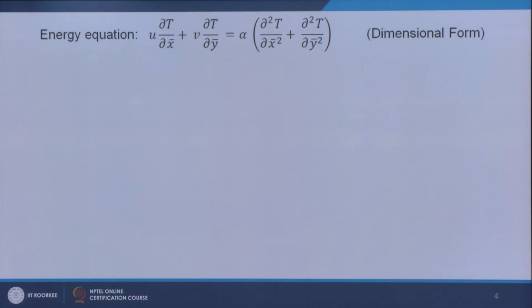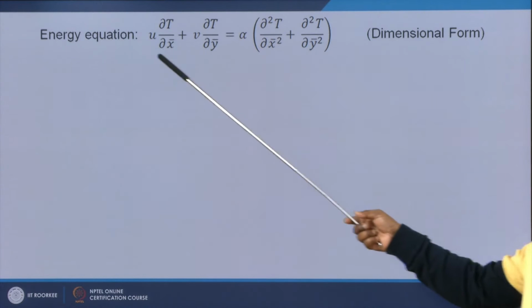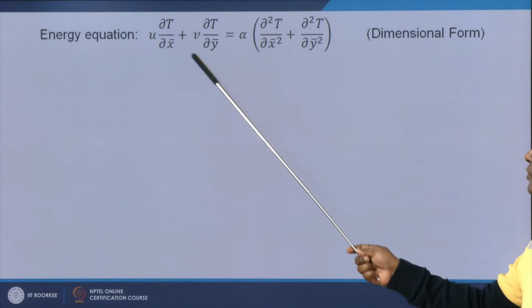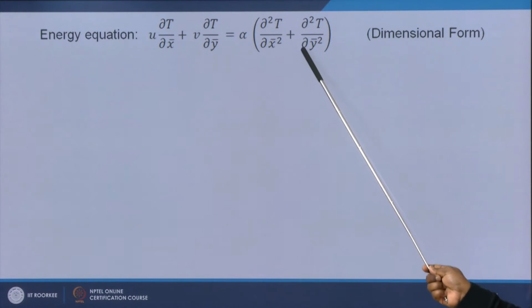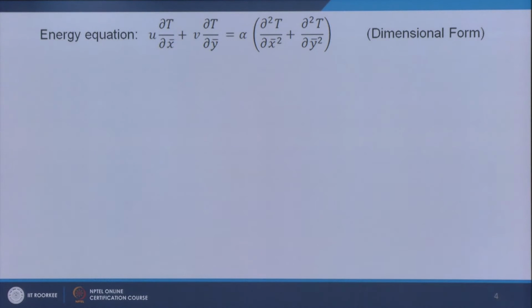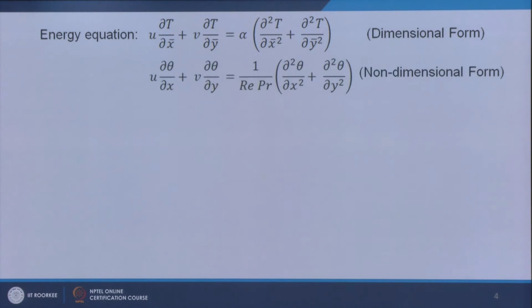Let us try to see how this is affecting the energy equations. We will start from the generalized equation. This is the dimensional form of the equation, having convection on the left hand side and conduction on the right hand side. Remember, here we have not considered the viscous dissipation part.